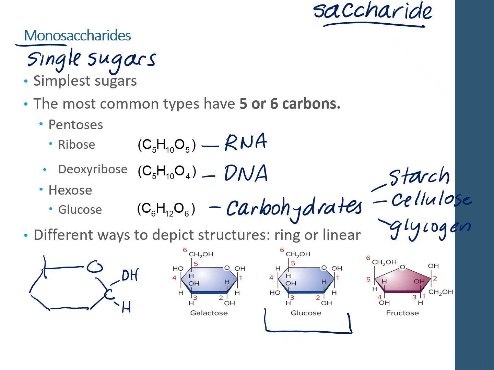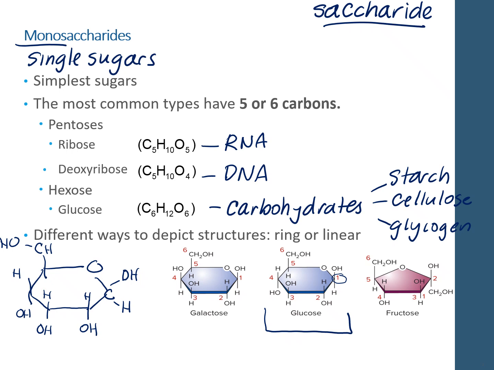These carbohydrate rings also have a carbon that sticks off of the top, and then all of our carbons are going to have a hydrogen and hydroxyl group. You'll notice that these molecules are numbered. That's not super important right now.